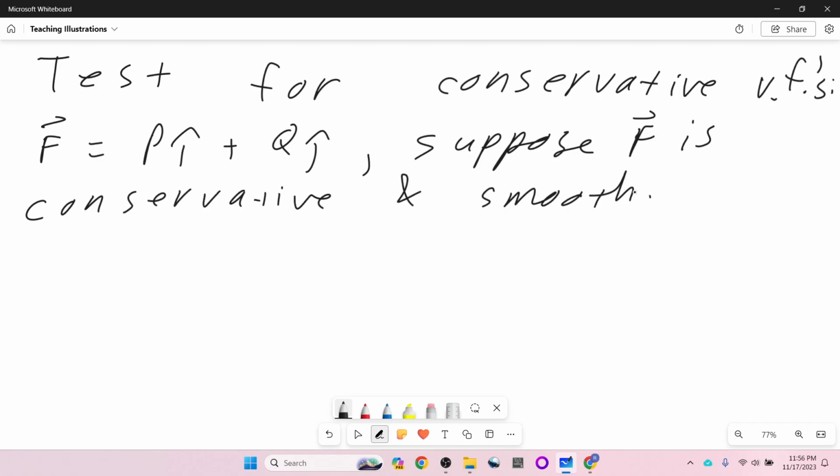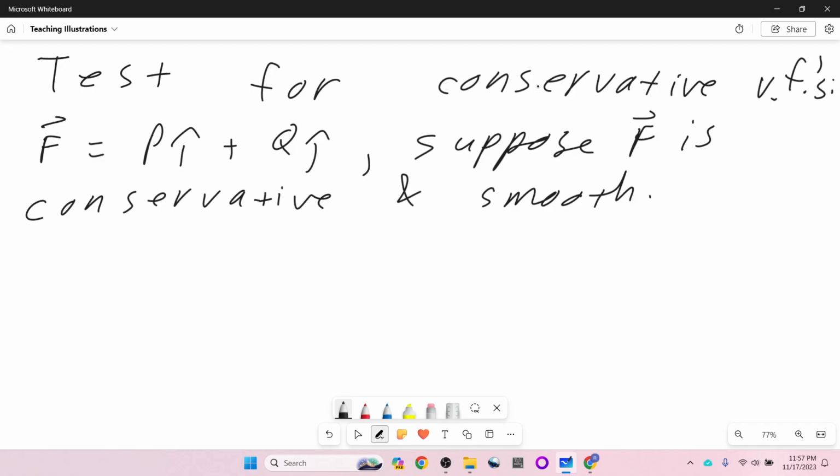And smooth just means that you can take the derivative as many times as you want. We said what a smooth path is. For a vector field, it just means you can take the derivative as many times as you want, and so the derivatives are all continuous.